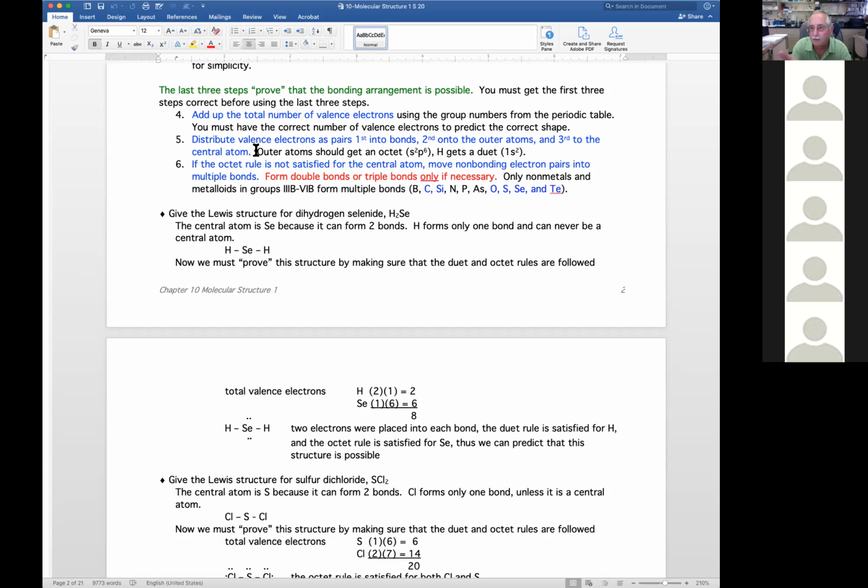What that means is this. The central atom is choosing to be the central atom. That means if there's ever a case where there's not enough electrons to go around, or there's too much to go around, the central atom is going to have to suck it up and deal with it. The central atom is choosing to be the central atom, and its job is to make all the other atoms happy.